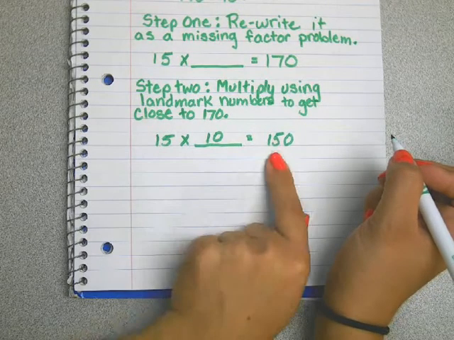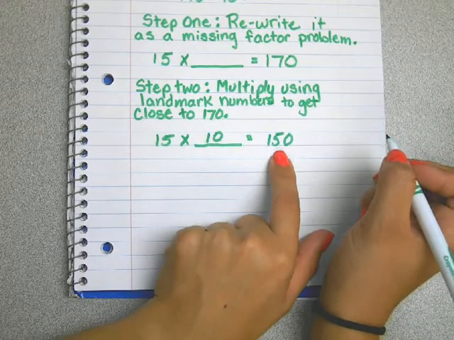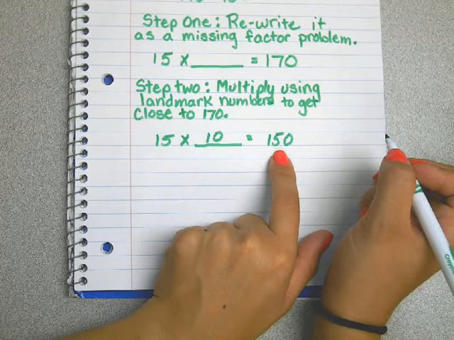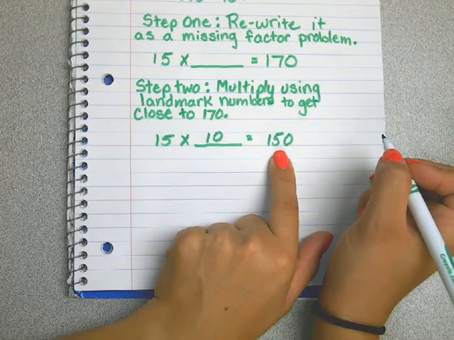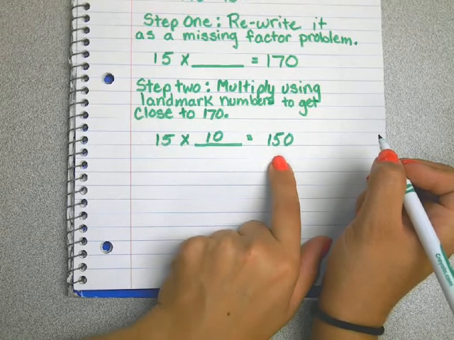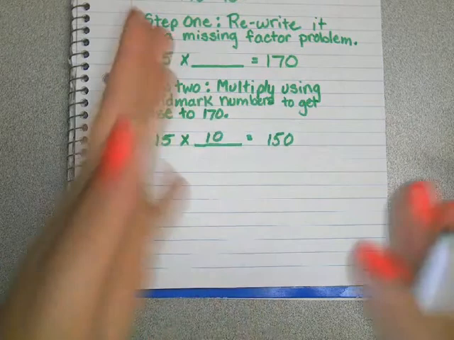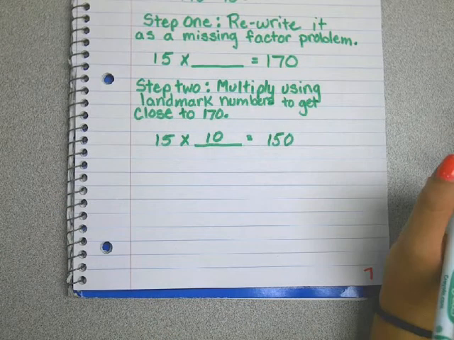So I'm close to 170, aren't I? So what should I do next? Amanda. Okay, we know we're about 20 away, so I think we can only fit a number 20 or less. But what should we do, Madeline? 15 times 1.